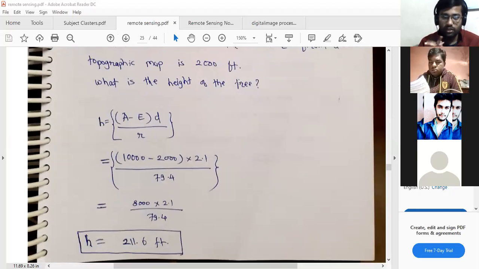H is equal to A minus E d by R, because here you have elevation. Okay, elevation of the feature. Okay, so substitute this value in the given formula, you will get H. Now tell me the final answer in inches.